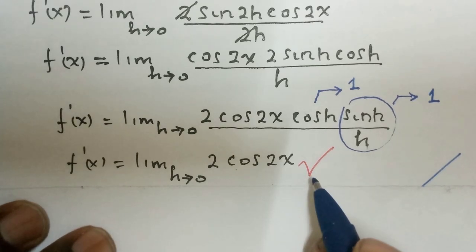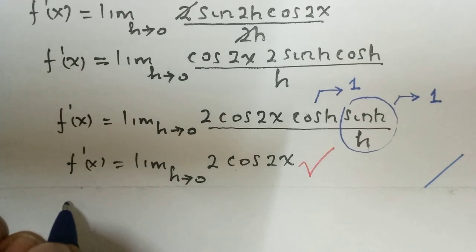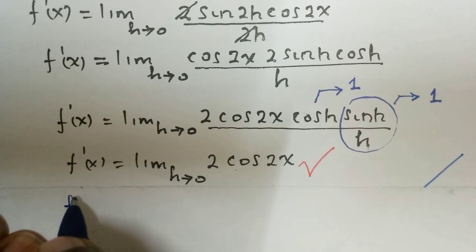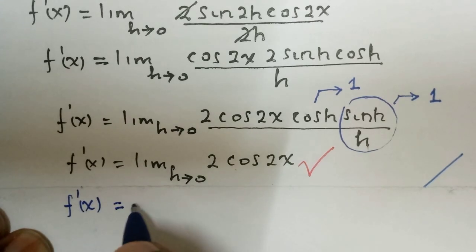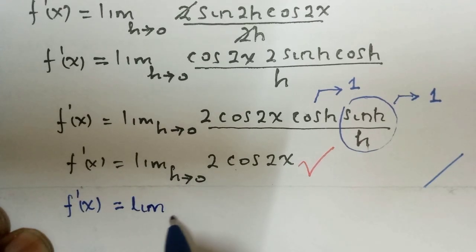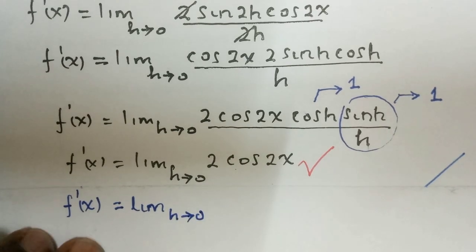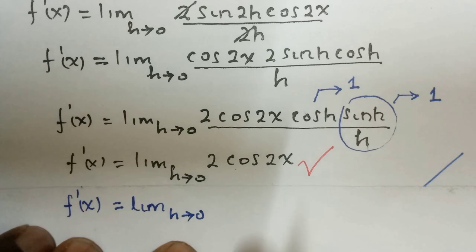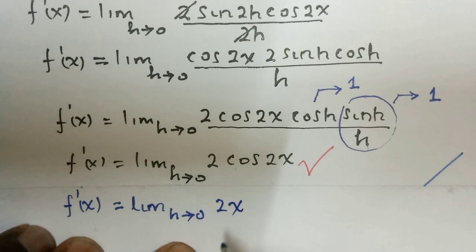So guys, we are not yet over. Actually, we are remaining with one thing. So finally, the whole thing, guys, is going to be f prime x, that is the derivative of x. Now we will finally give us limit h tends to 0. Then we have now, we can start with the first one, which is 2x, the 2x we found, which is here.